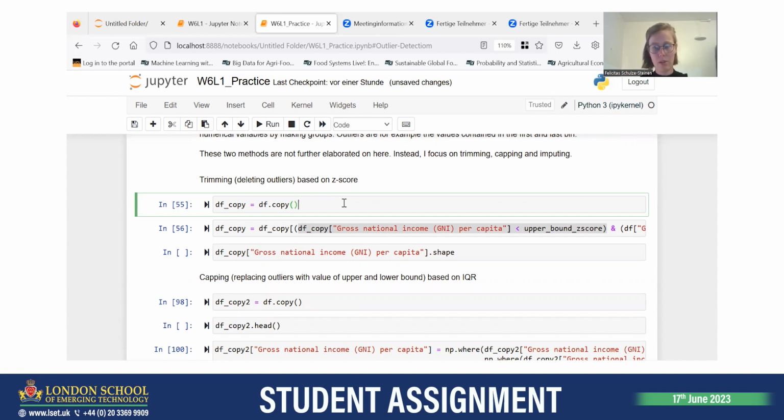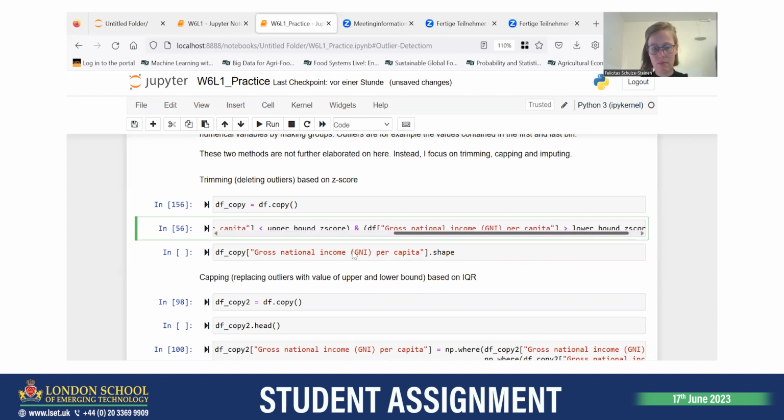So first I will make a copy of the data set. And then I will only keep the data that is not an outlier.